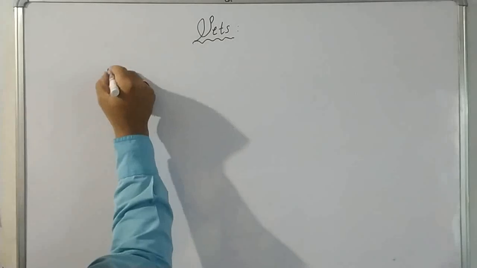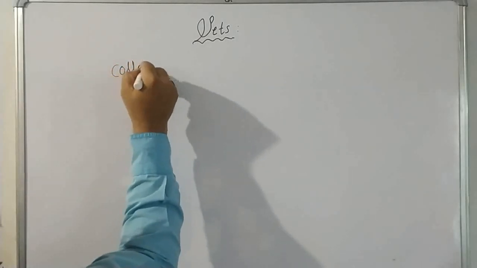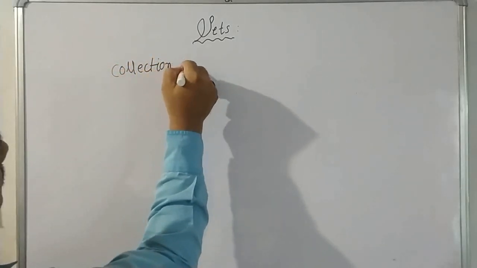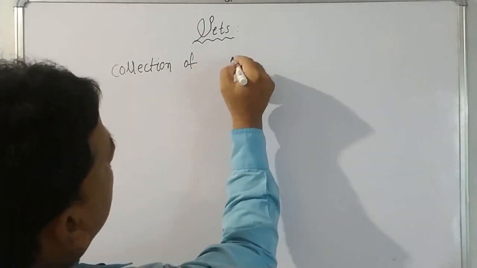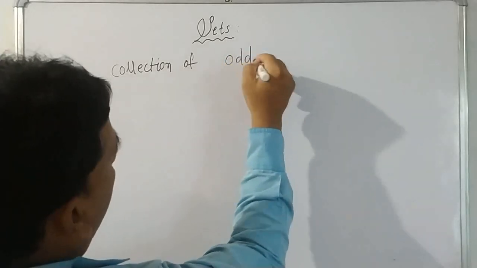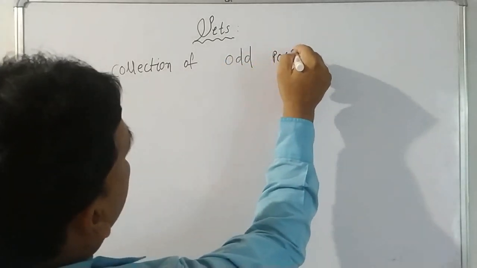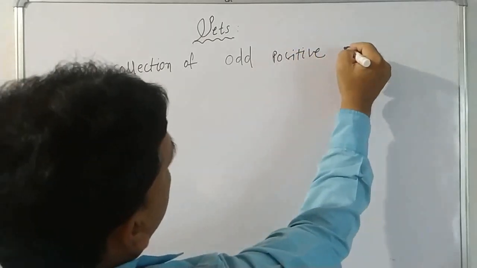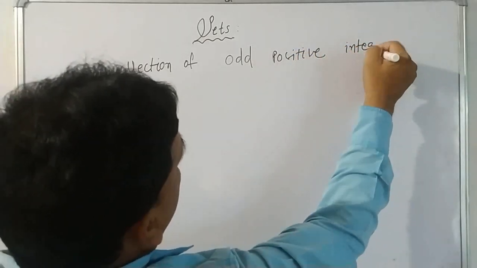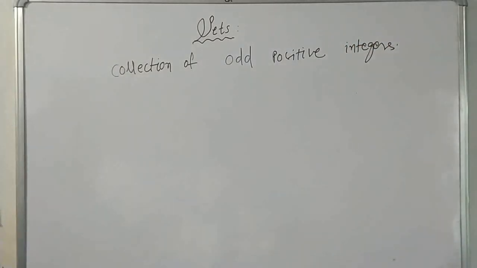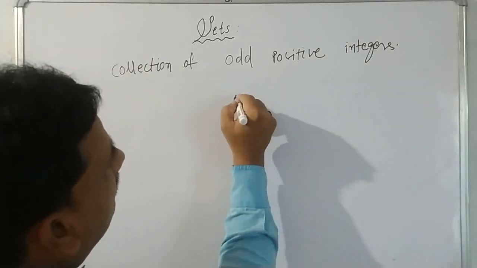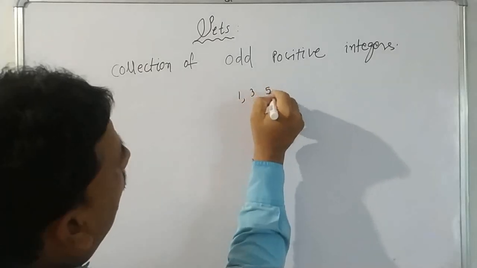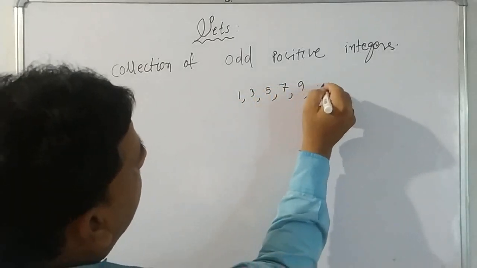So a collection of positive odd integers, like 1, 3, 5, 7, 9, and so on.